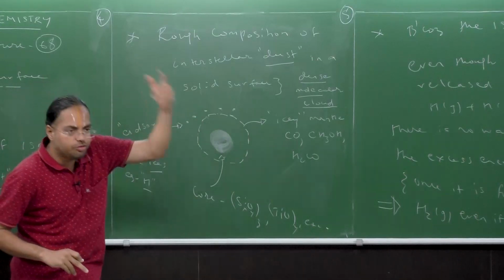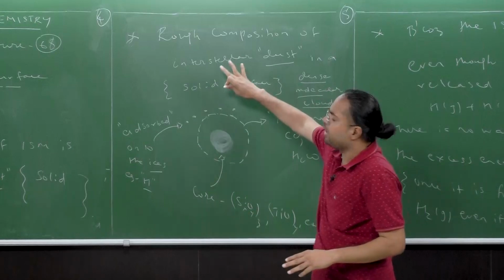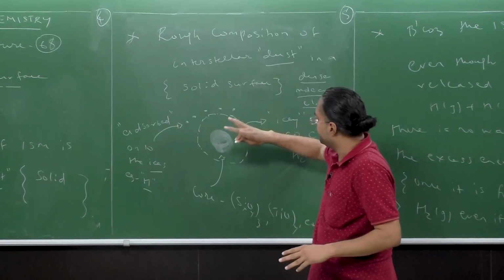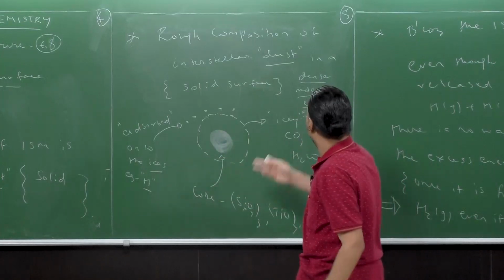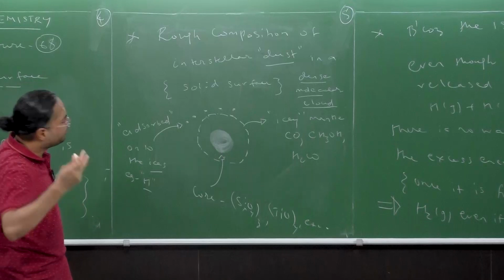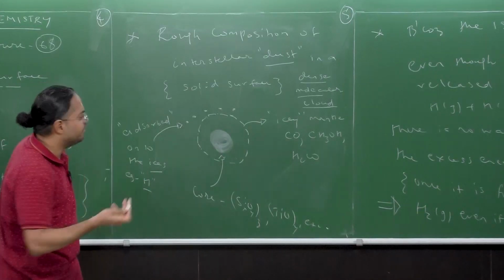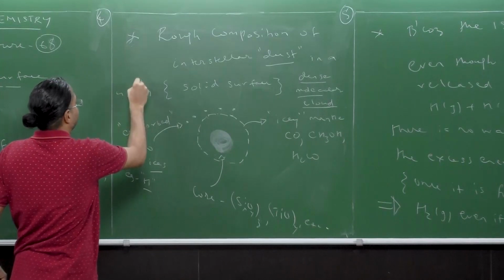We will see its consequence in chemical reactivity very soon. This is the broad idea of the composition of the interstellar dust surface, and the dimension is roughly of the order of 10 to the power minus 6 to 10 to the power minus 7 meters, approximately 10 to the power minus 7 meters.